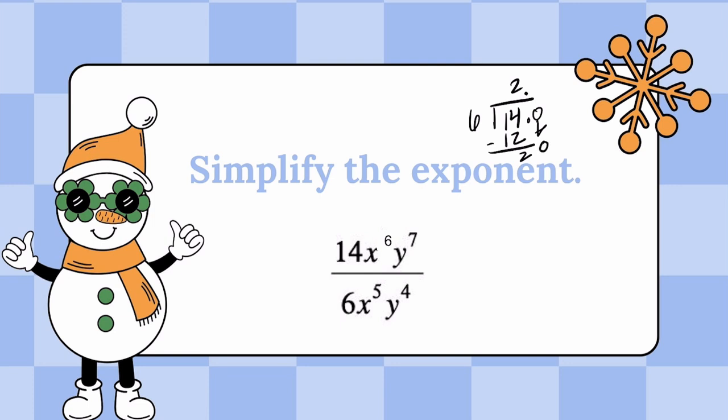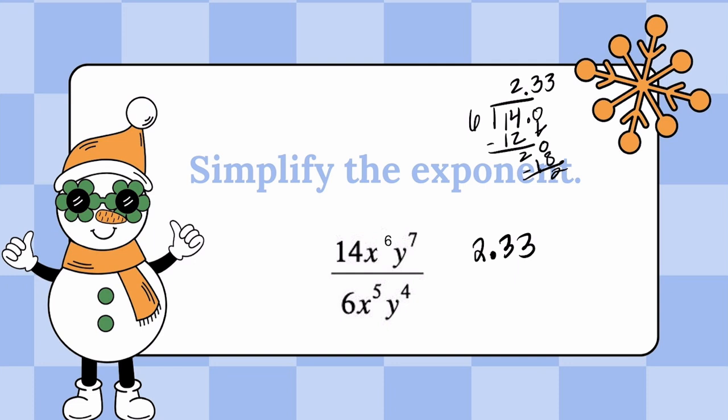And then I bring down the 0. 6 goes into 20 3 times. 3 times 6 is 18. And we're just going to have 2.33 repeating. So we'll just leave it as 2.33. We'll just round to the 100th place.